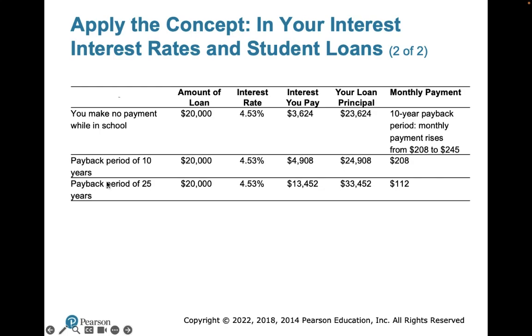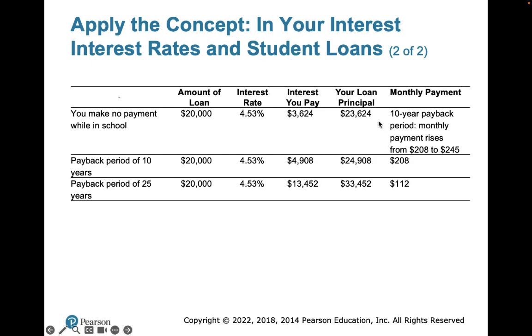With 25 years you have more time to pay back, and you pay less each month, but then the total money is going to be bigger than if you decide to go for a 10 years payback period, where you're going to be paying $208. And look at this.